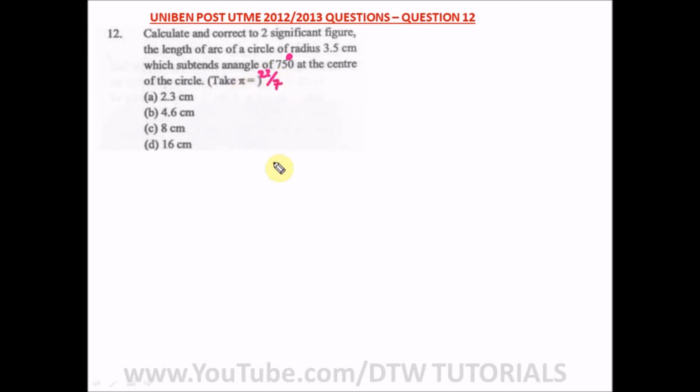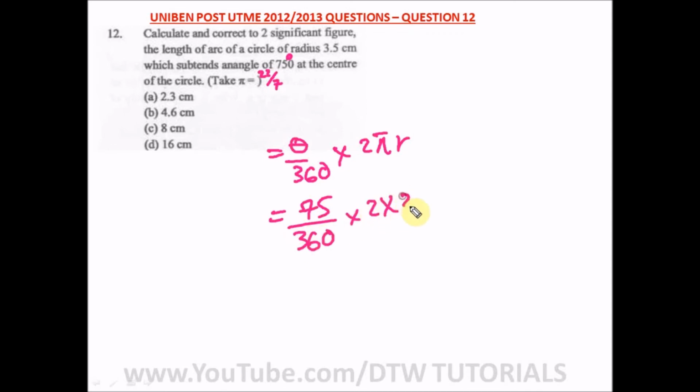Okay, so what's the length of an arc? The length of an arc is simply theta over 360 times 2 pi r. So we know theta as 75 over 360 times 2 times pi, 22/7, and r is 3.5, which is the same as 7/2.